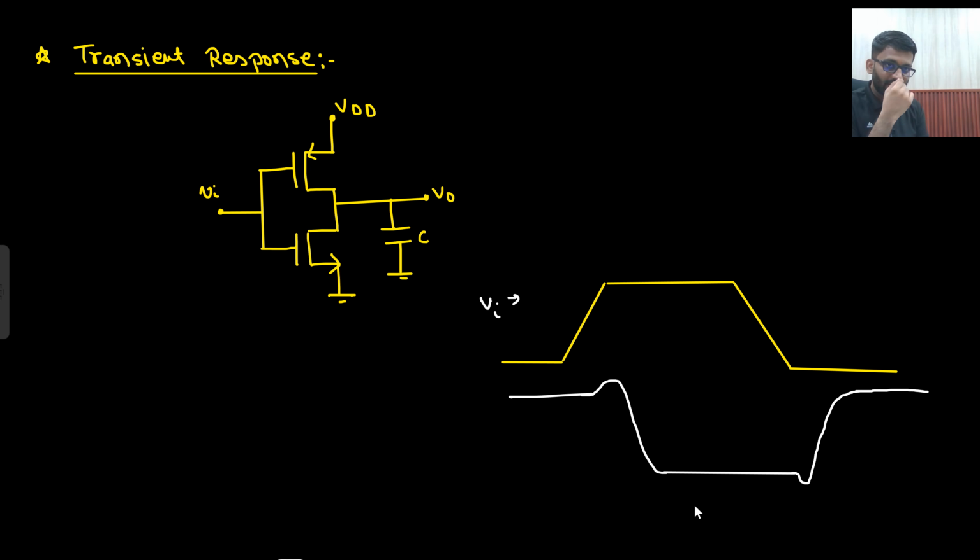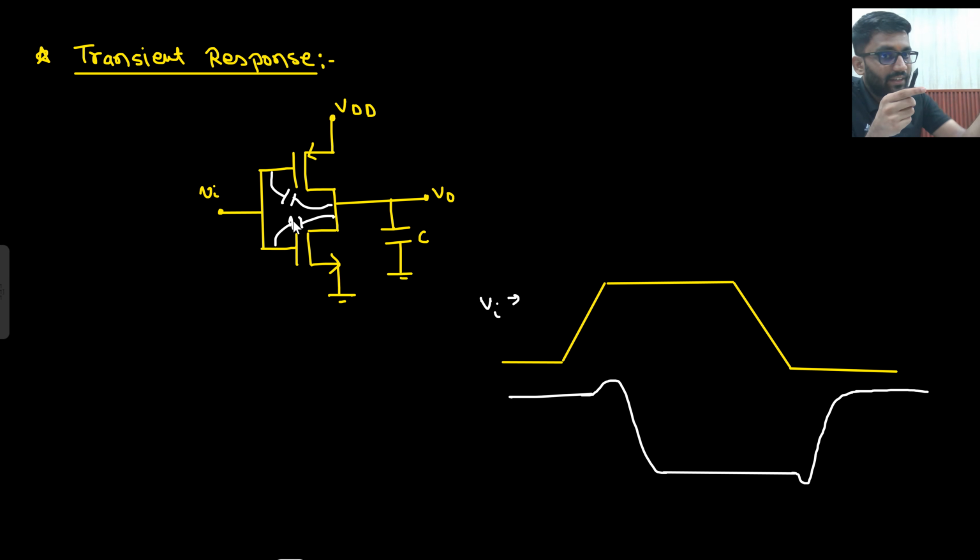So why is this happening? Just a small intuition I will give you. What happens is that here there will be some CGD cap. And if you remember our analog electronics course, if we connect a cap in between, that will result in a zero. If you apply Miller's theorem, you would see that, sir, this is not resulting in a zero.